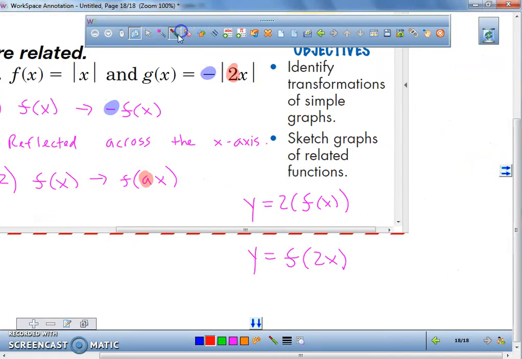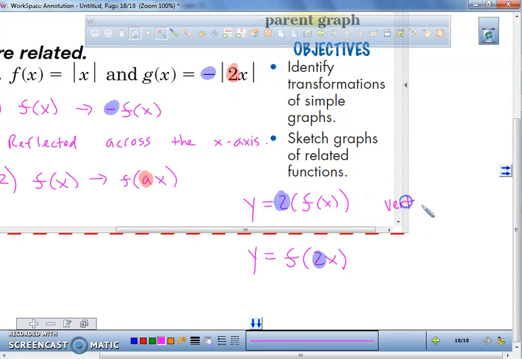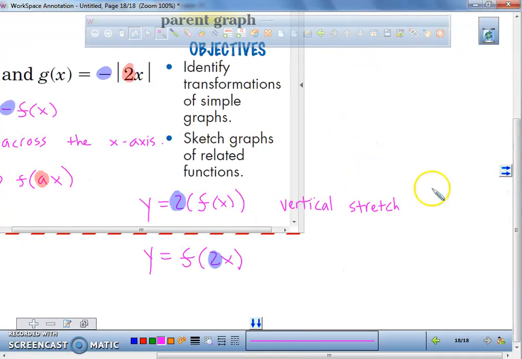This one, where the factor is on the outside, is different from when the factor is on the inside. This is dealing with a vertical stretch or a compression. In this particular case, it would be a vertical stretch, since you're multiplying by a factor of 2.